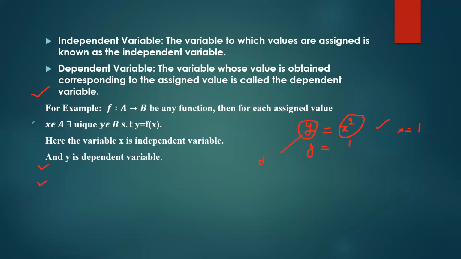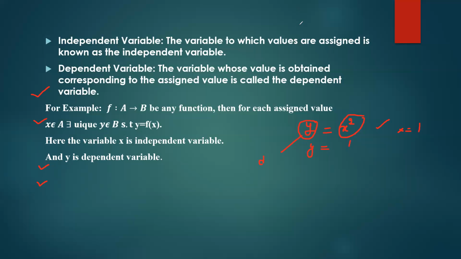In general form, if we have a function from A to B, then for each assigned value x belongs to A, there exists a unique y belongs to B such that y equal to f(x). It means here x is independent variable and y is dependent variable.